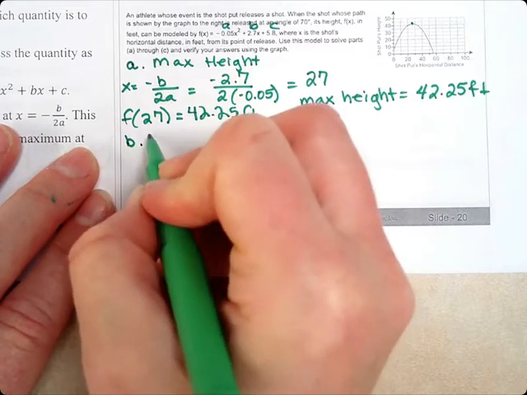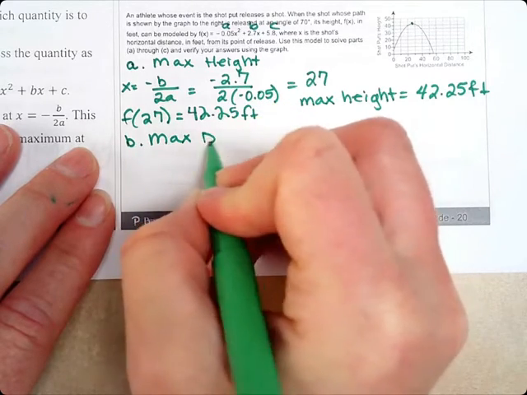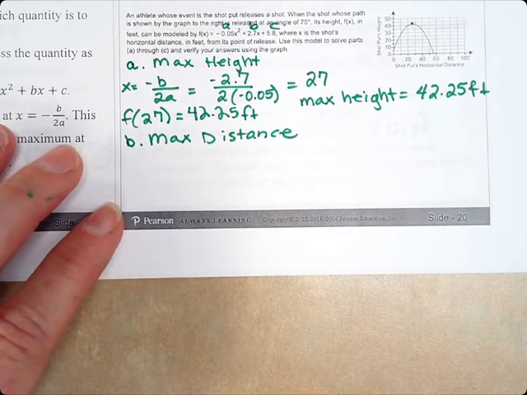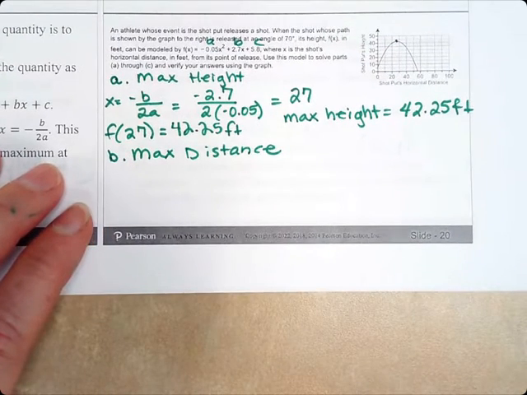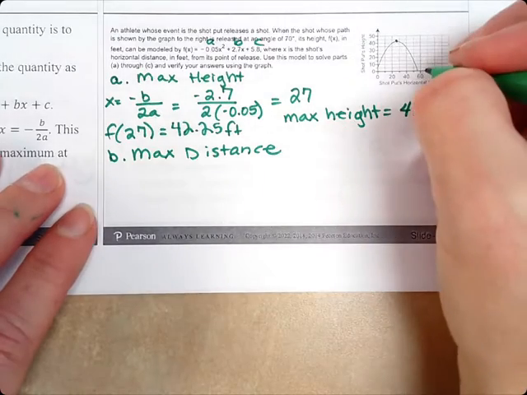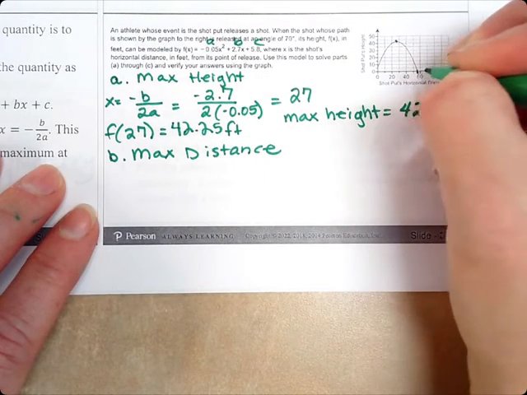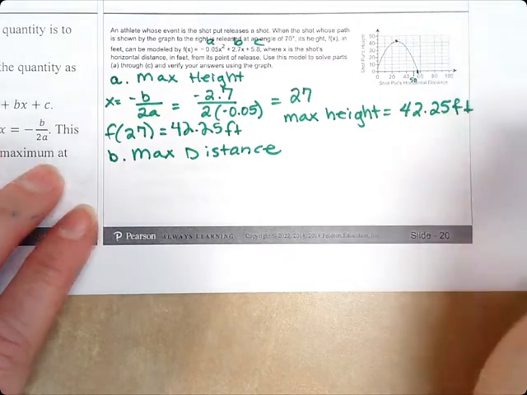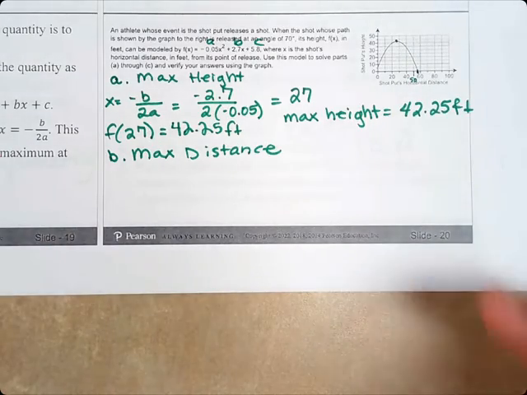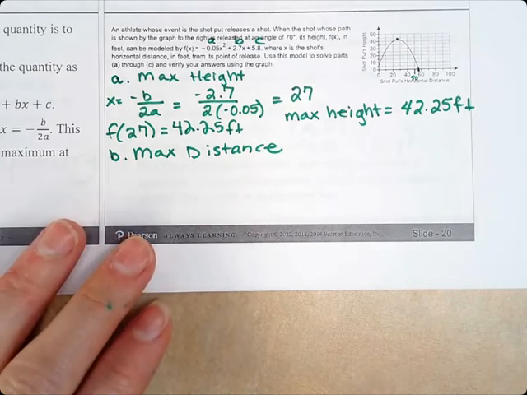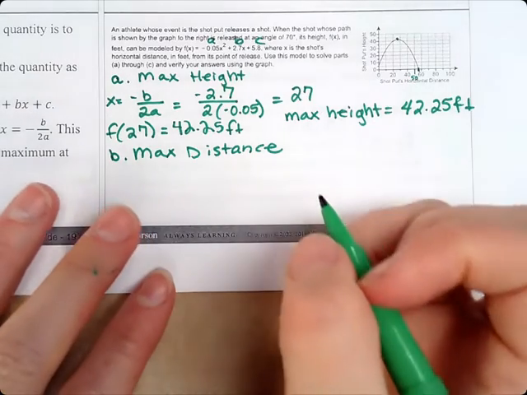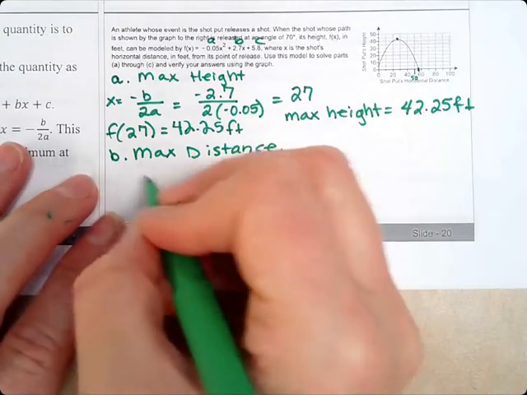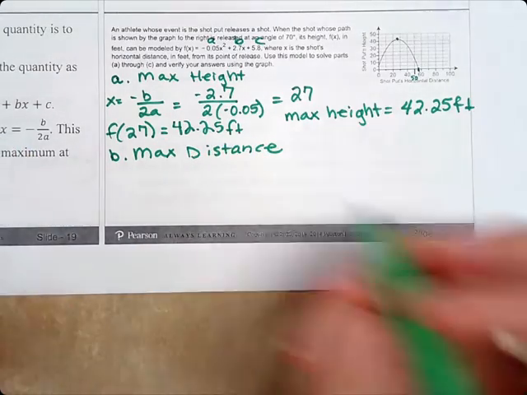Part B is going to be a maximum distance. So thinking, because this would be 50 right here, it's somewhere around there. So how are we going to find that? What is that called if we're doing max distance? X-intercept, yeah. So we need to do our quadratic formula.